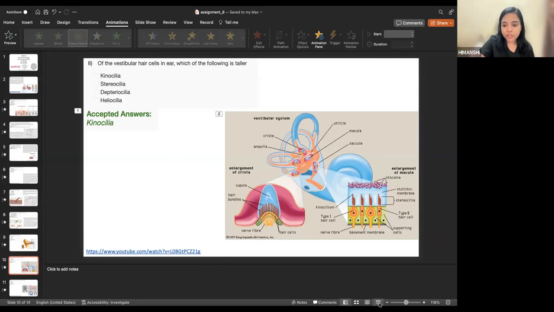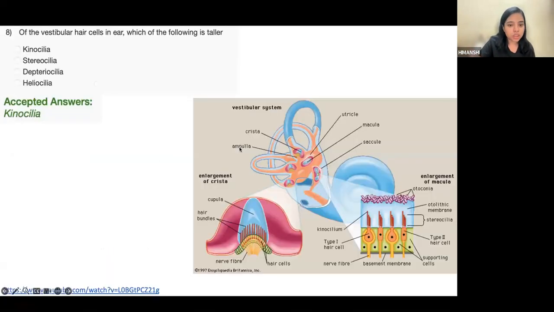Moving on to the next question. Our next question for today is, of the vestibular hair cell in ear, which of the following are more in number? Is it kinocilia, stereocilia, dipterocilia, or heliocilia?